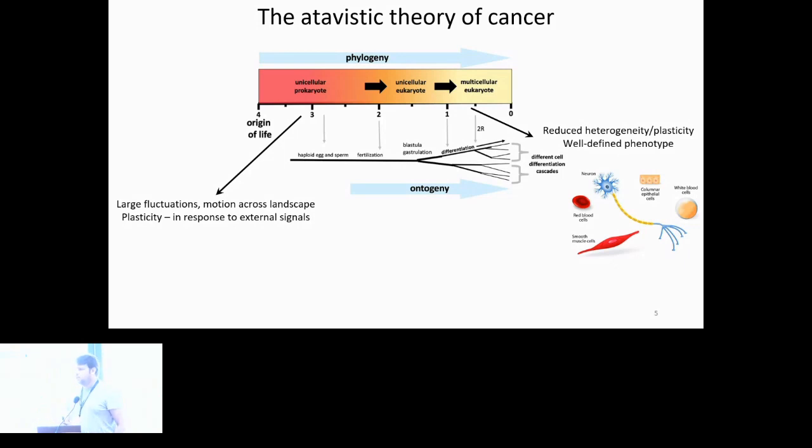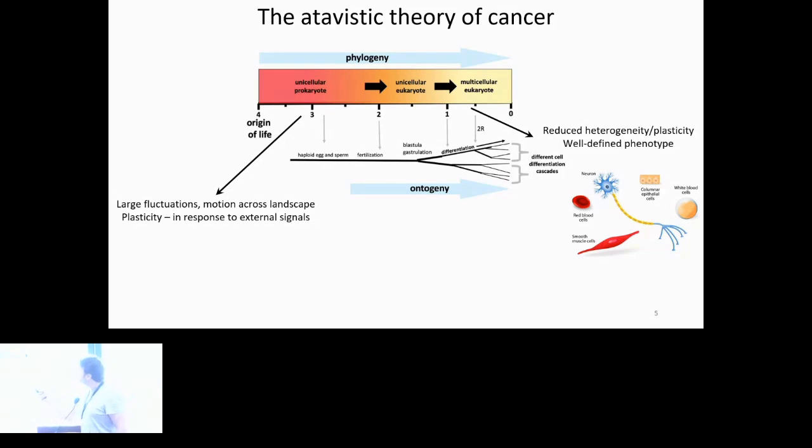After that, the cells start to work together to form a multicellular organism. At this time, the cells became very well organized, with distinct phenotypes, and that occurs during development.